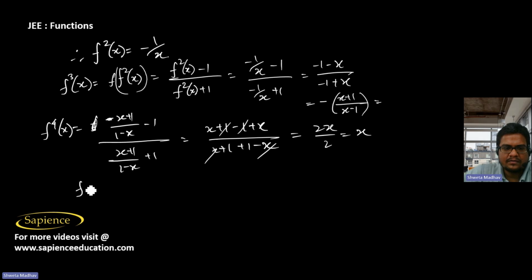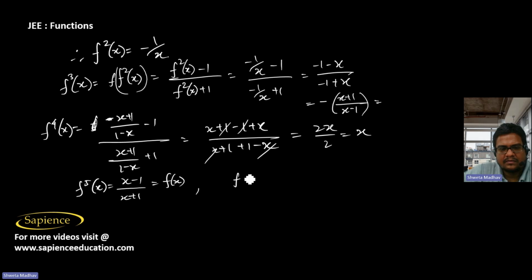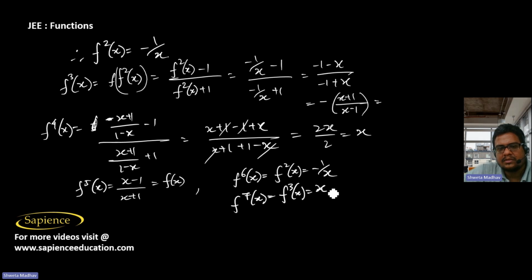Therefore f5 of x is nothing but x minus 1 by x plus 1, which is the same as f of x. Now f6 of x will be equal to f2 of x, which is minus 1 by x. And f7 of x will be equal to f3 of x, that is x plus 1 by 1 minus x.